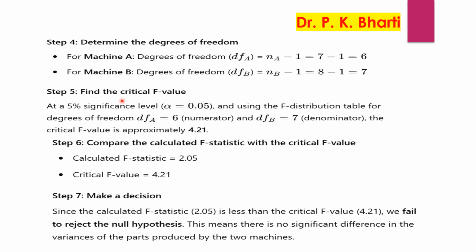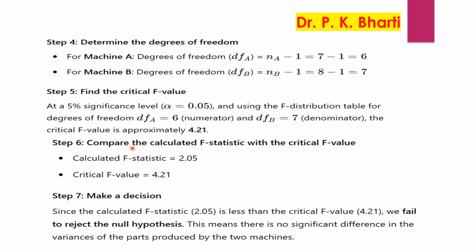Then with the help of degrees of freedom and alpha value, we will find the critical value from the table. At 5% level of significance, alpha will be 0.05. And using F distribution table, as I have discussed earlier, for degree of freedom 6 and degree of freedom 7 in denominator, the critical F value will be 4.21.